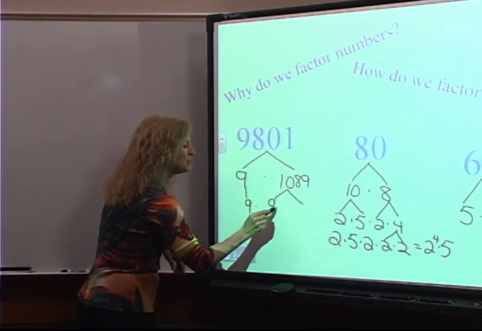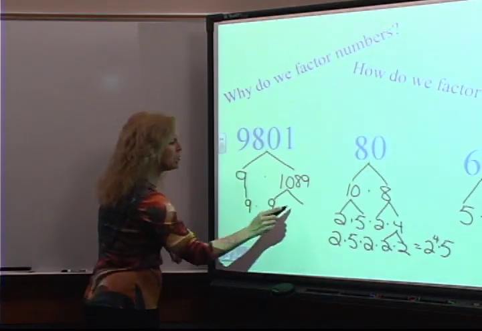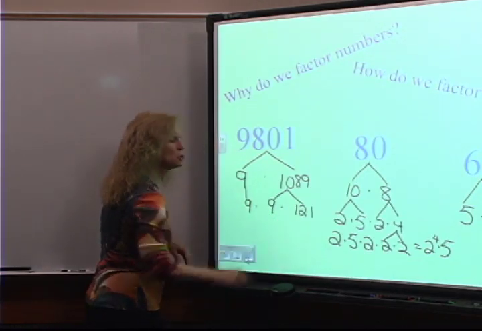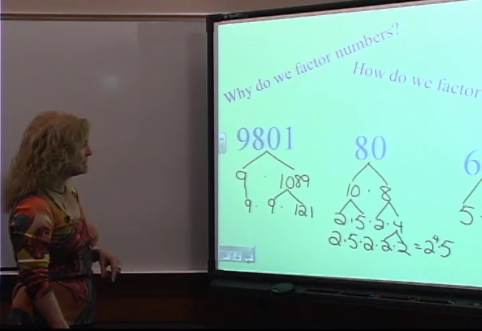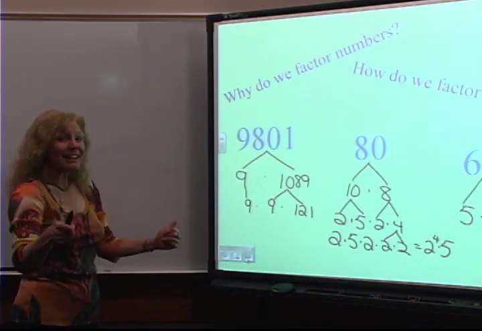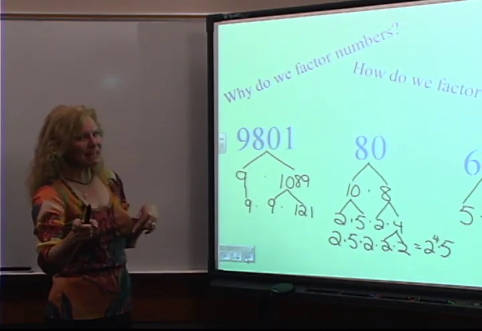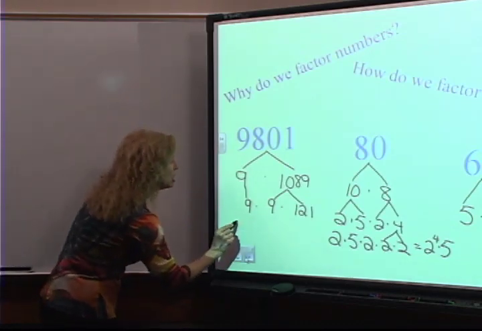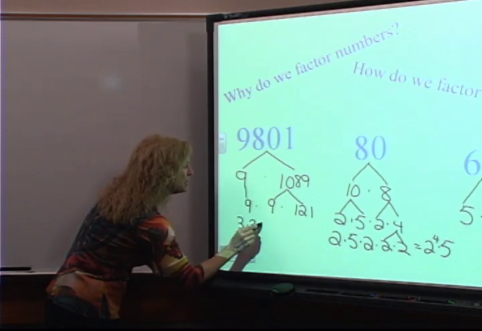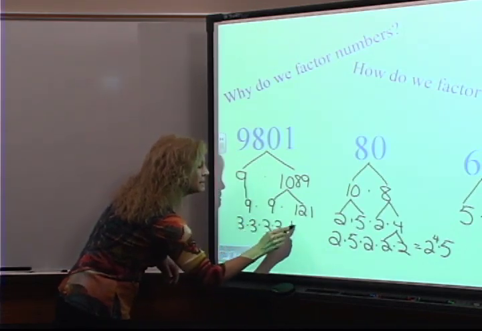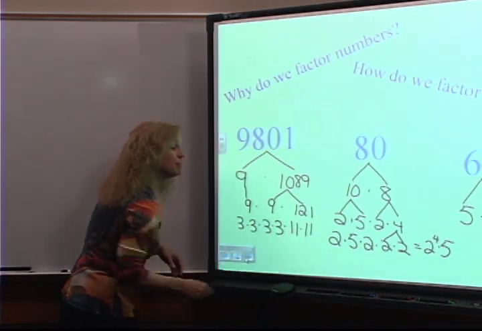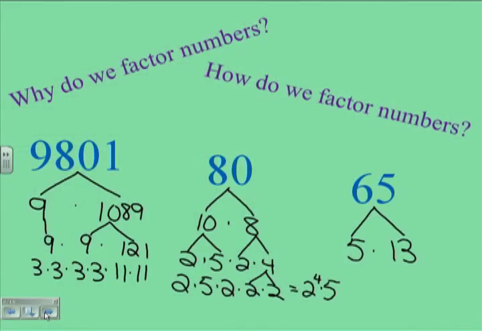I know a 9 goes in there, and he's going to go in 121 times. And I say, yay, I recognize 121. I know he is 11 times 11. So I get 3 times 3 times 3 times 3 times 11 times 11. And if you'd like to write it with exponents, that would be 3 to the 4th times 11 squared.